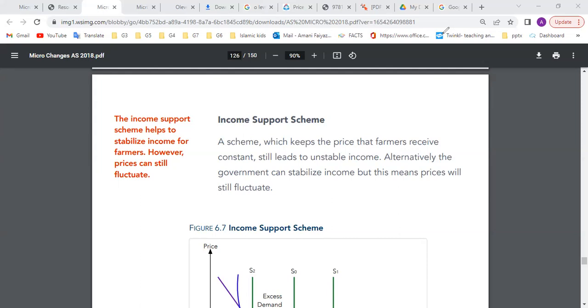It says stabilize income, but this means price will still fluctuate. So, Miss, it's contradictory, right? Like, if they want to stabilize the income, they need to face fluctuations in the economy. Yeah. So see, like I said, the economy is never perfect.